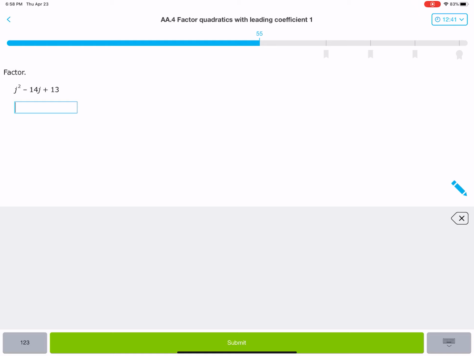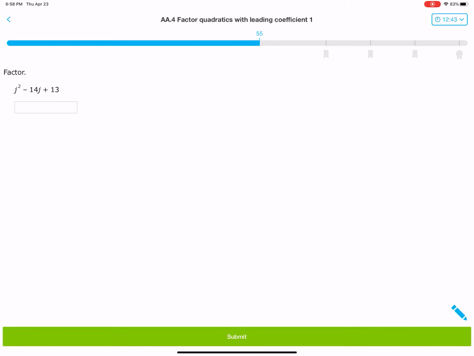Another one that's a little different than any of the others. My factor is a positive 13. Well, there's only one way to get a 13, and I know that that's 1 times 13. But this problem is saying your middle term has to be a negative 14.